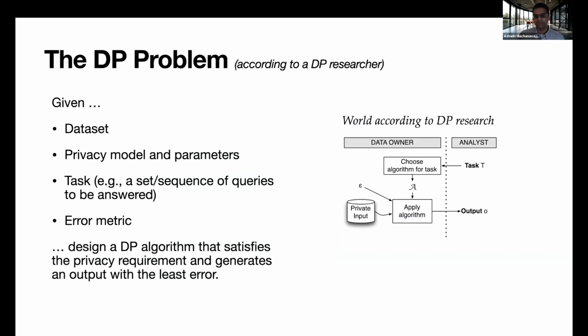And you're given an error metric, which is L2 error or L1 error, or I want to ensure that at least this many queries are answered with some accuracy guarantee. And the goal is to design a differential privacy algorithm that satisfies this privacy requirement and generates the output with the least error, right? And this is most of what differential privacy algorithm design looks like.